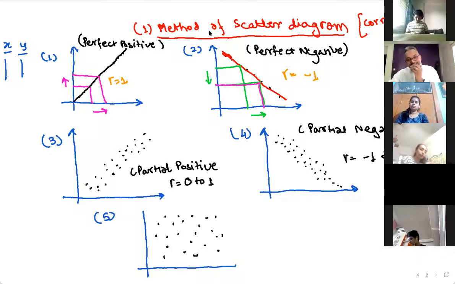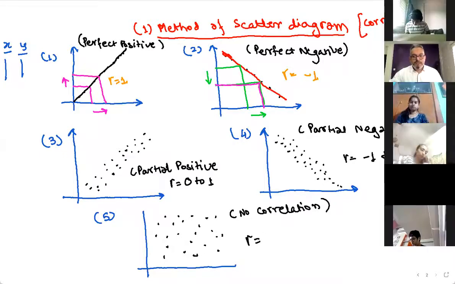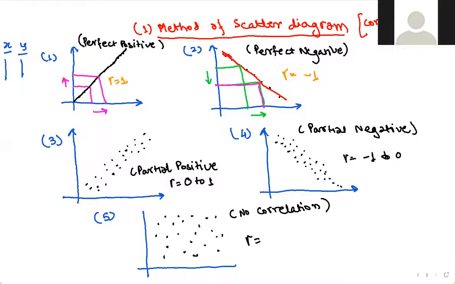They have no connection at all. Understood? There is no connection, and here we call it lack of correlation or no correlation, and over here we write no correlation or zero correlation, where R is equal to, can you tell me now what will be R equal to? There is no connection, so R will be what? Zero. R will be equal to 0.